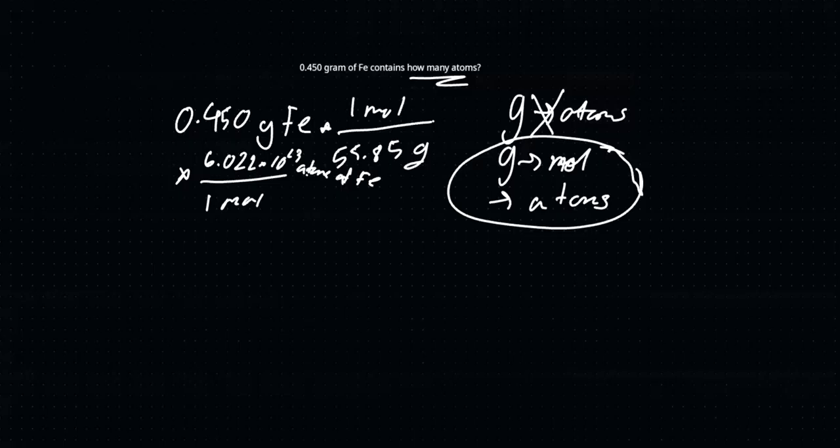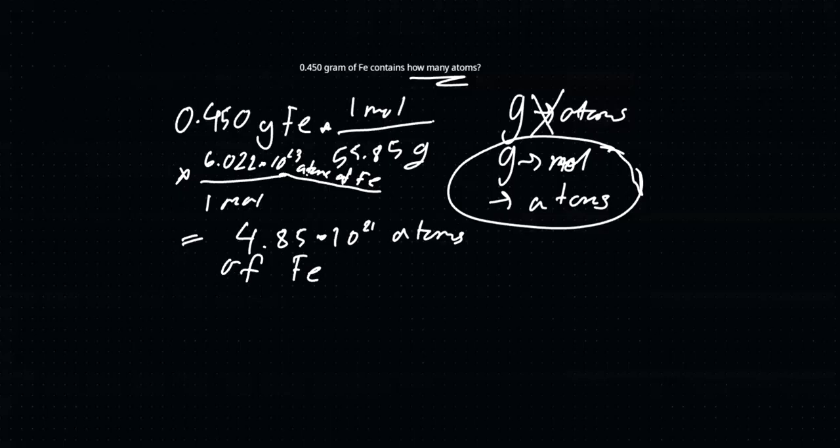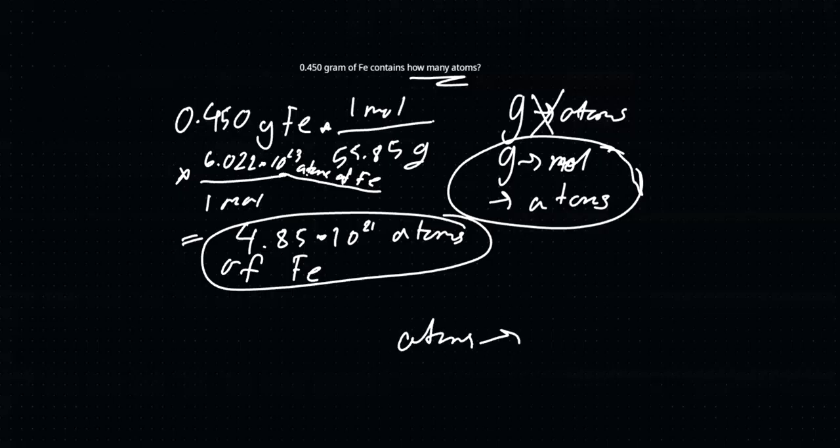And this is going to give you a total of 4.85 times 10 to the 21 atoms of iron. So this is your basic conversion from grams to moles to atoms.